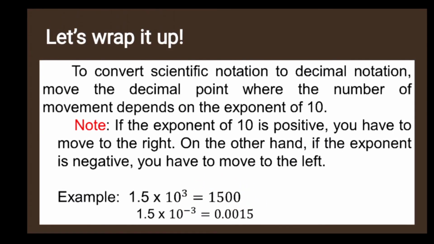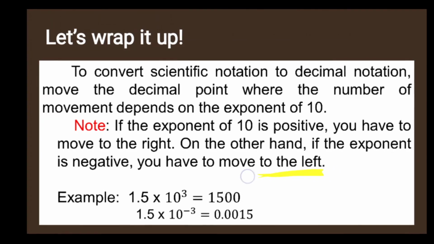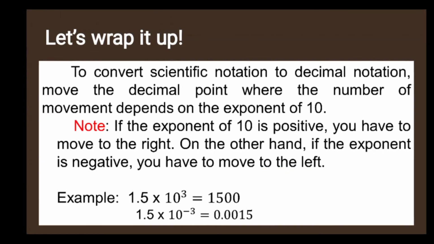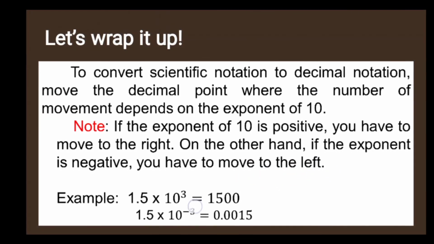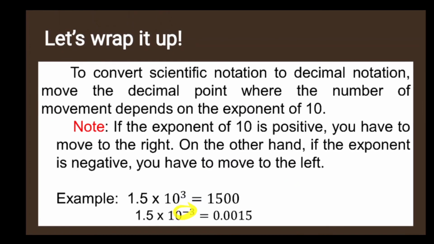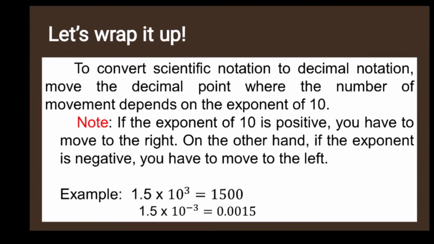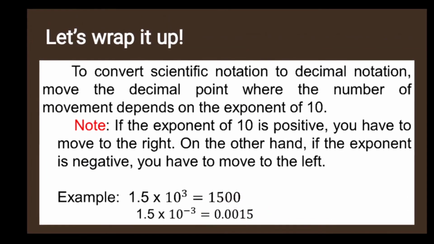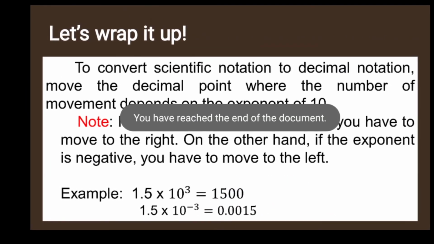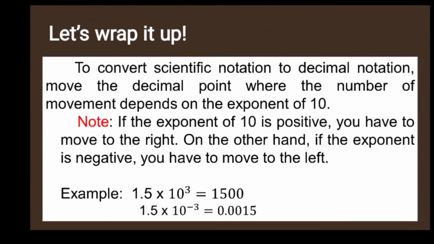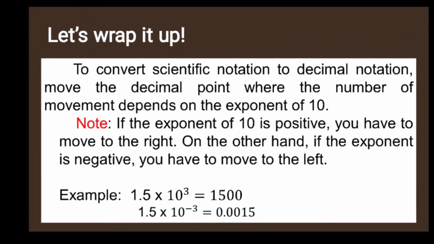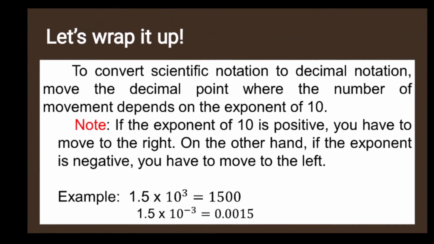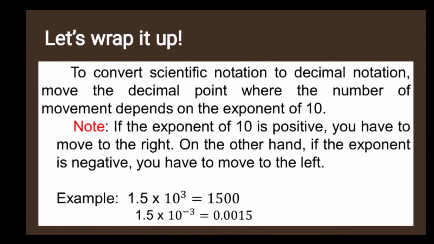How about a negative exponent? We have to move to the left. So 1.5 to the left 3 times because we have negative 3. 1, 2, 3. So 0.0015.